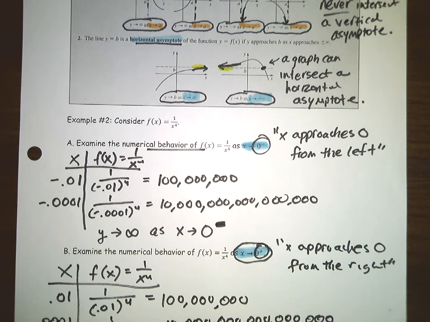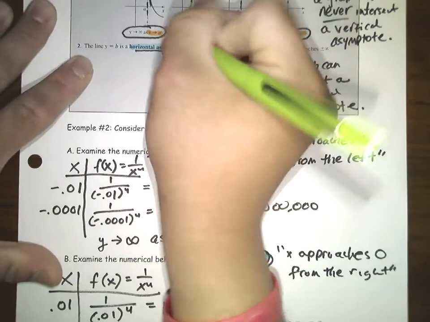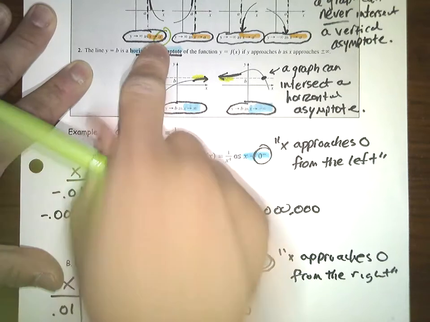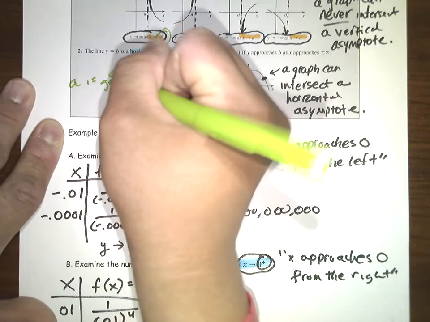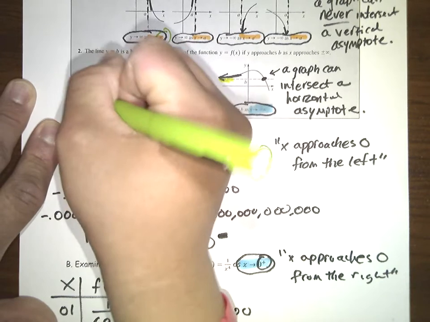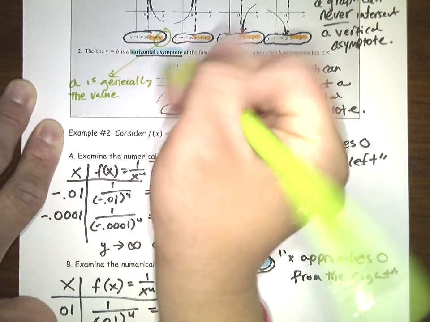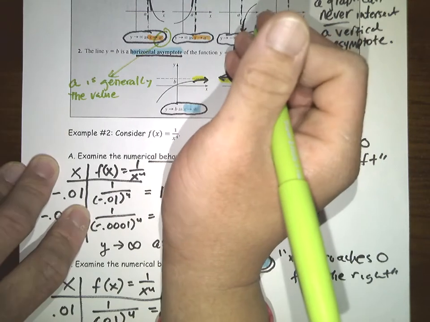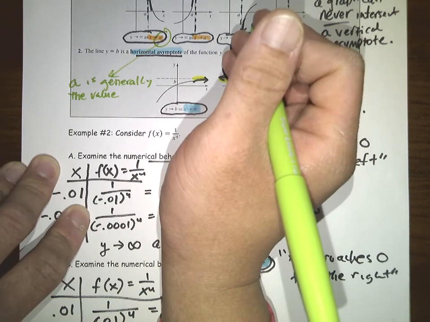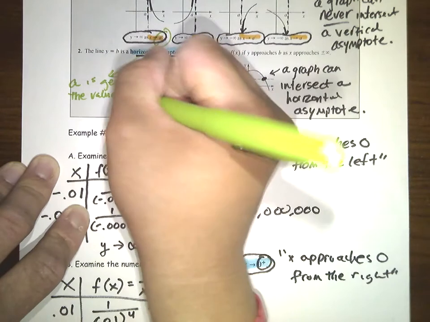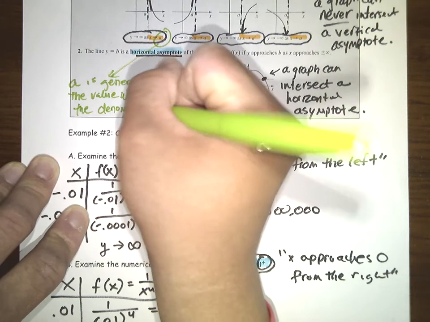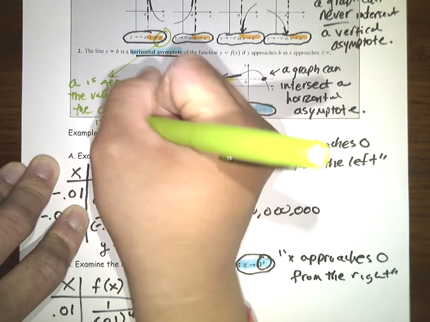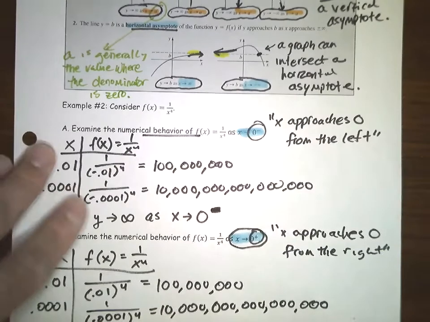But the issue is that this a value is generally, and generally meaning that's all the time, what we're going to be checking here: just the a values where the denominator is 0, because those are the spots where there's a possible asymptote.